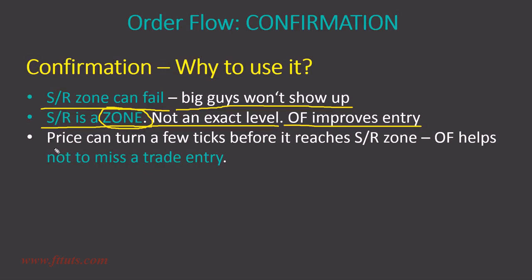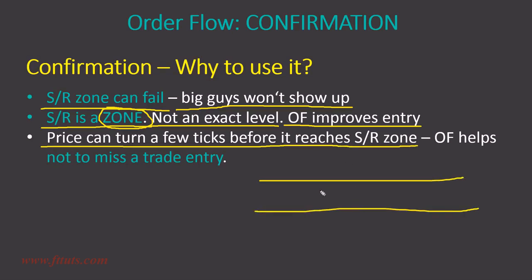And also, I'm sure that this happened to you many times. Price can turn a few ticks before it reaches this support zone. So imagine there is, for example, a resistance zone in here, a 10 pip resistance zone, and you want to go short from there. Now the price is moving close to it and then just turns and makes the reaction without you entering the trade.